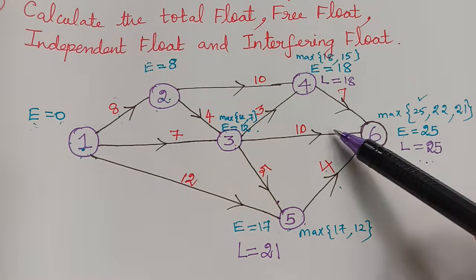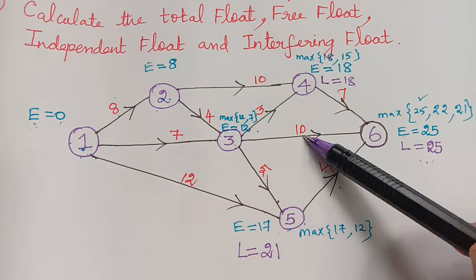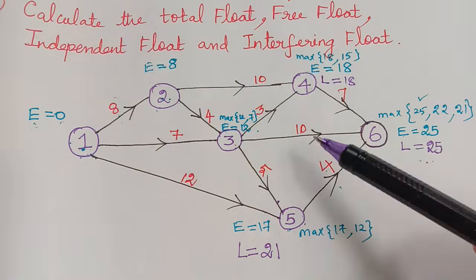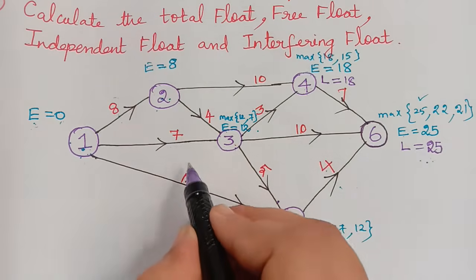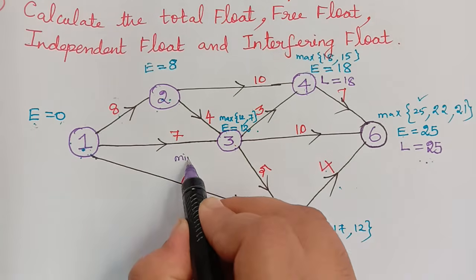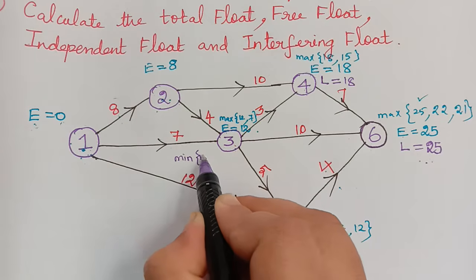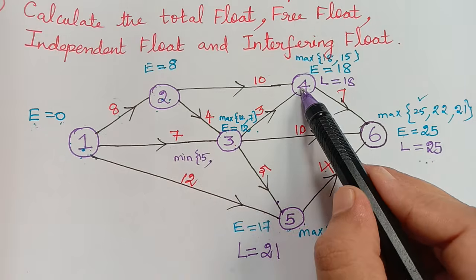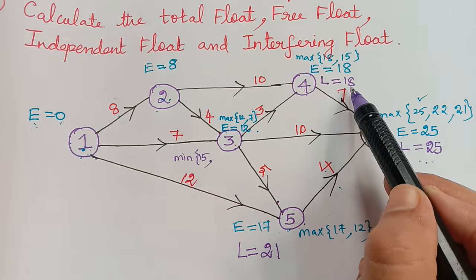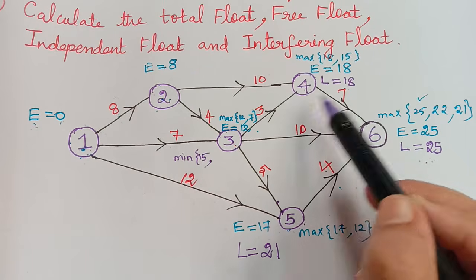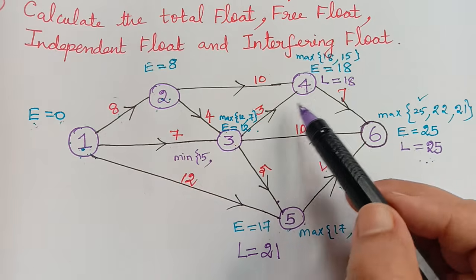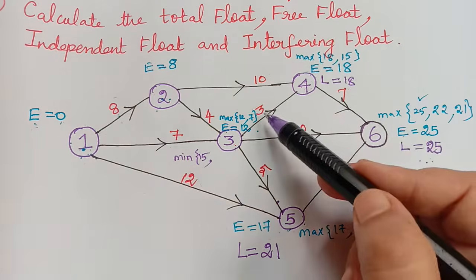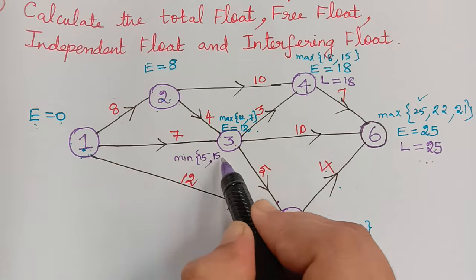So 25 minus 10 gives us 15. So here we have to choose a minimum of 15, comma. Next, another activity is 3 to 4. Here L is 18, and from 18 we subtract 3, and we get 15 again. 18 minus 3 is 15, comma.